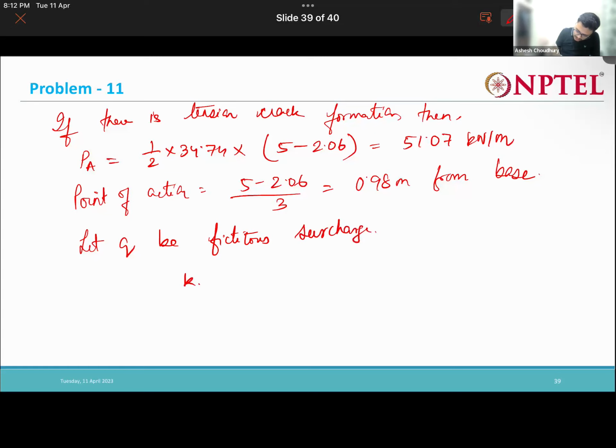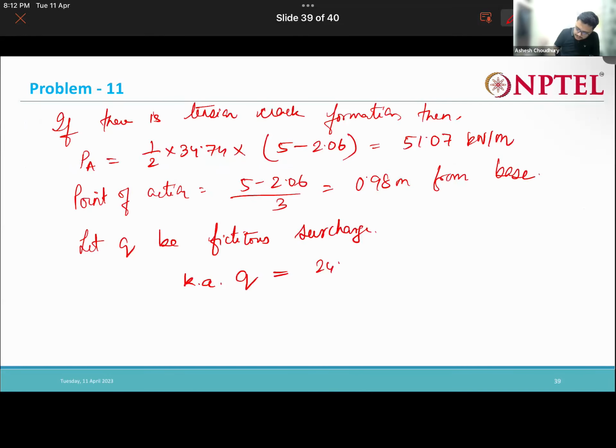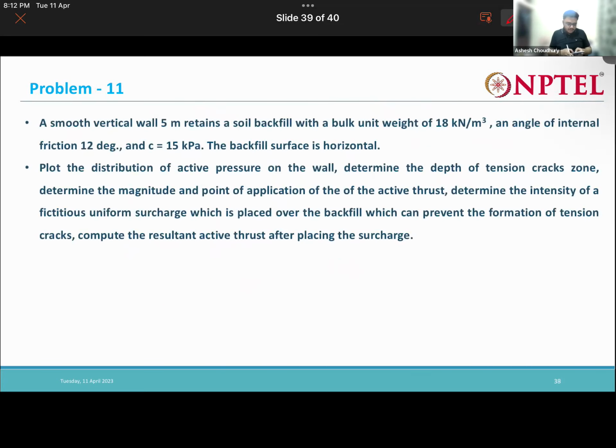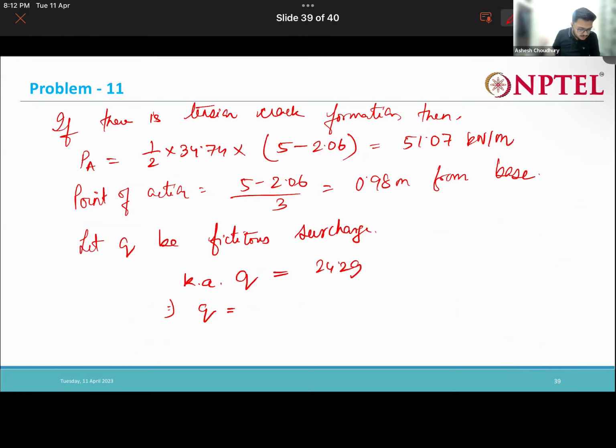So K times Q should be equal to this 24.29. So this Q is nothing but 24.29 divided by how much? 0.656. So 37.03 kilonewton per meter square. 37.03.